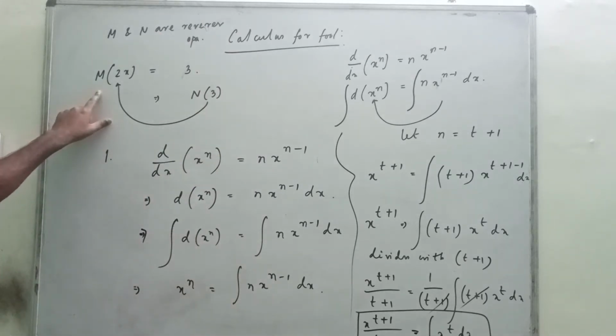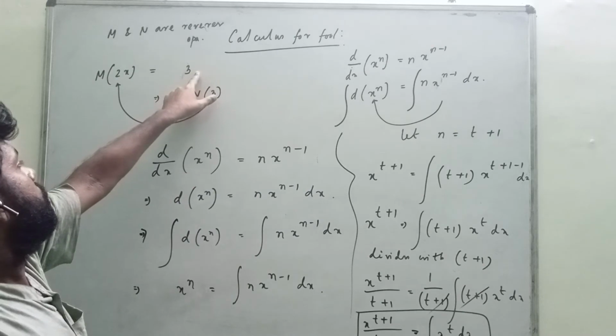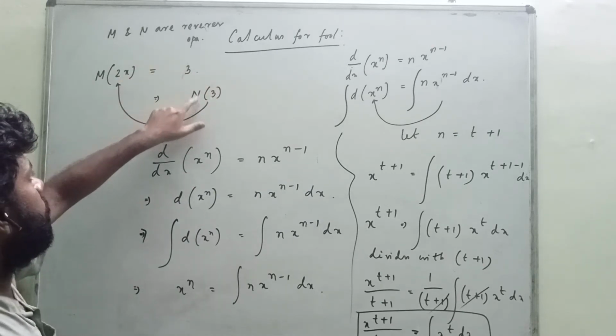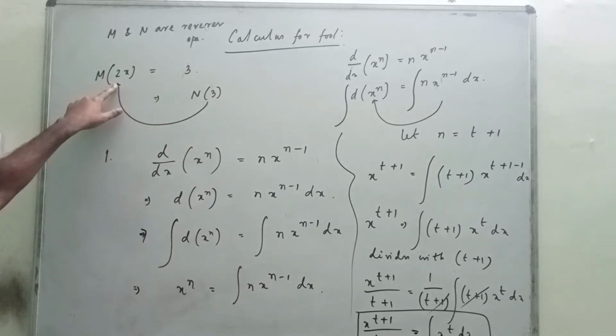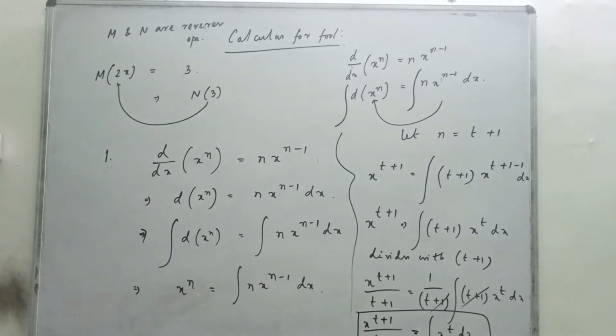If m acts on 2x and goes to 3, then n acting on 3 will go to 2x.